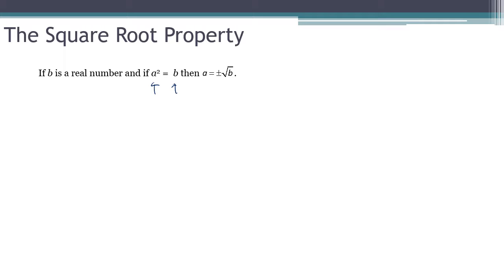And the way I always think about this in my head, so that I remember this, is to think of it as taking the square root of both sides. The square root of A squared is A, and the right-hand side is plus or minus the square root of B. Now, we need both of them here, both the plus and the minus, because when you're solving an equation, you want to get all the answers.